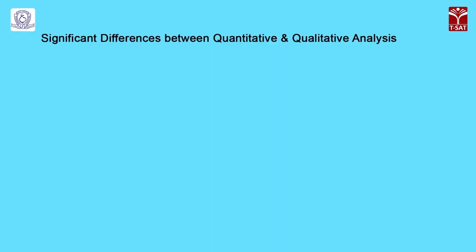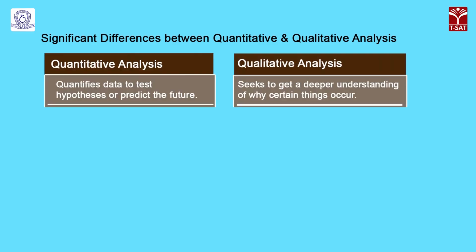The significant differences between quantitative and qualitative analysis are: quantitative analysis quantifies data to test hypotheses or predict the future, whereas qualitative analysis seeks to get a deeper understanding of why certain things occur.